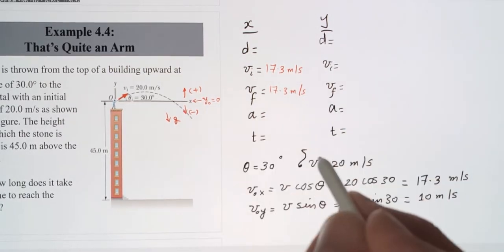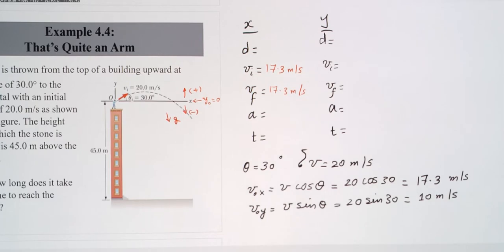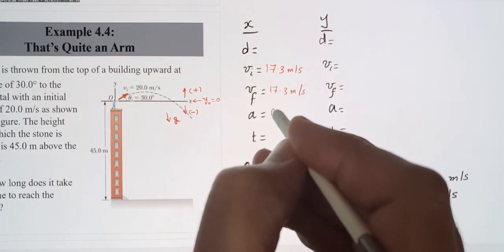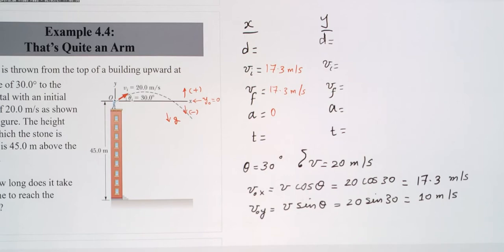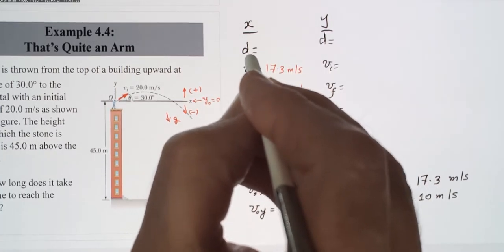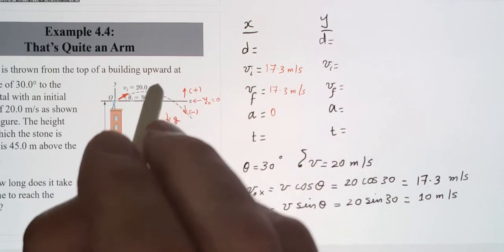Why is that? Because in the projectile motion, in the x-axis, acceleration is 0. So this is 0. And let us see if he asks us to calculate d, but we will see.